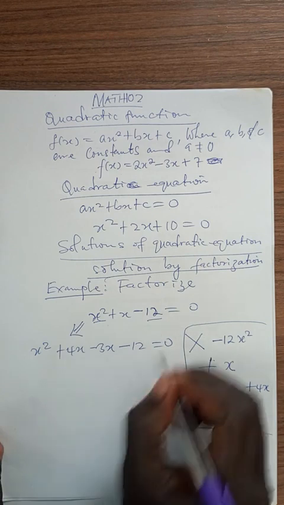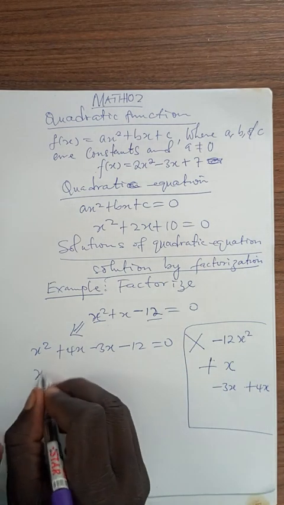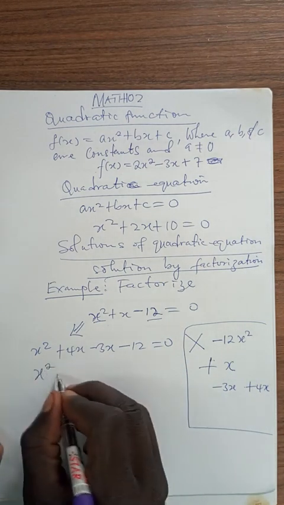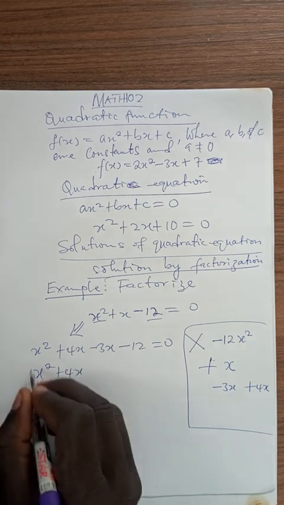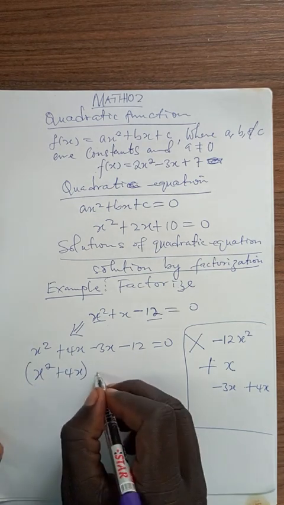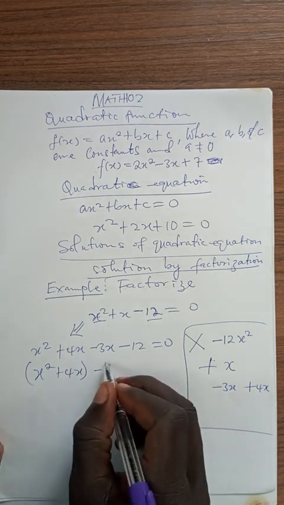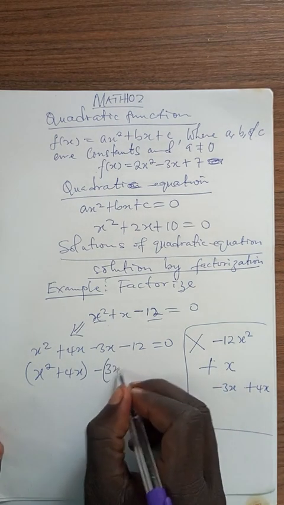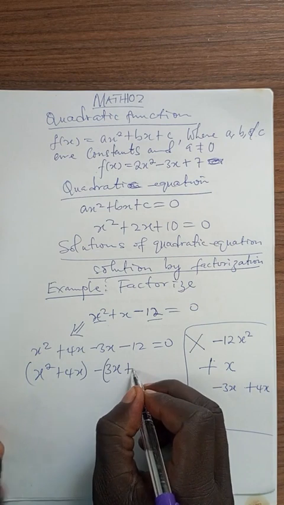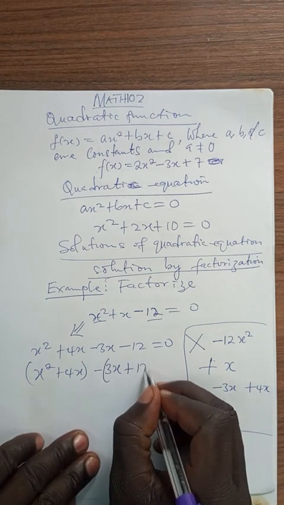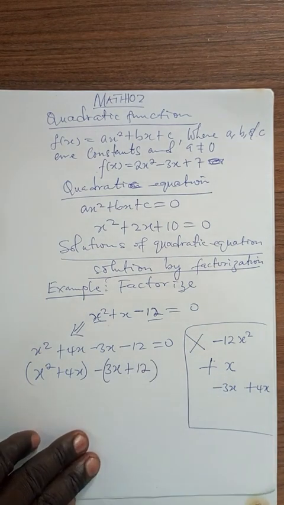You pair them, so you have x squared plus 4x, paired, and then minus 3x minus 12. And this is equal to 0.